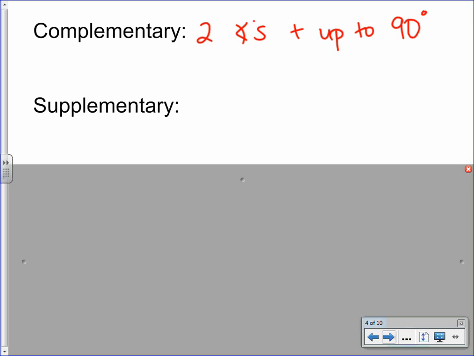Okay, if you don't put degrees, I assume it's radians, so you have to say degrees. I know that's being picky, but we got to think about these things, okay? If I wanted radians, 90 degrees is the same as pi over 2 radians. Okay, we are going to have to do this for both degrees and radians. Okay, supplementary, pod 2.